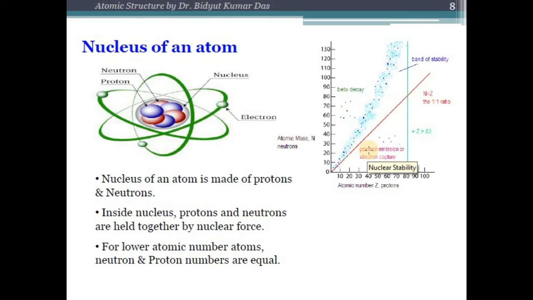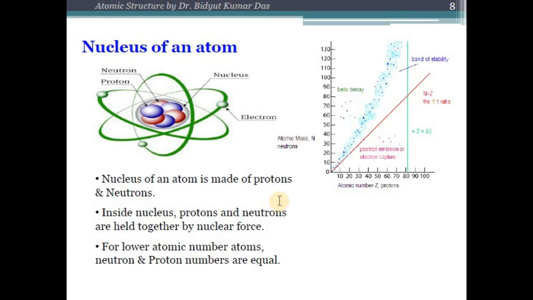One thing you must know is that for most atoms having lower atomic numbers, the number of protons and the number of neutrons are always equal. These are the most stable atoms.